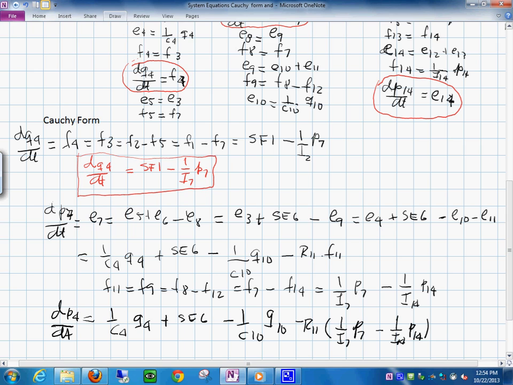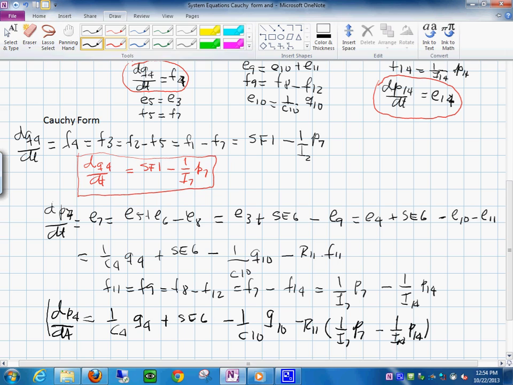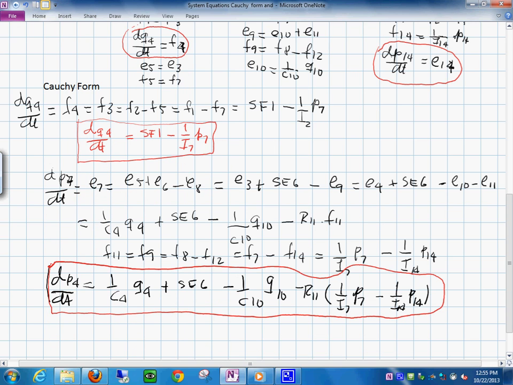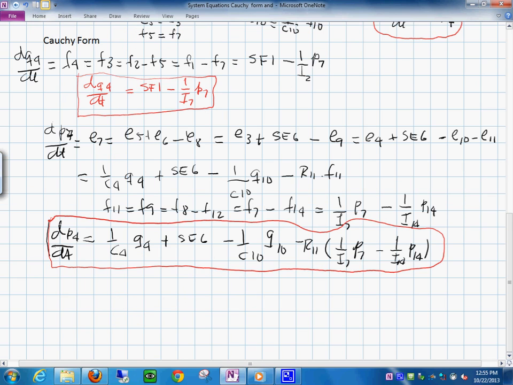So it's going to depend a lot on E9, which is E10 plus E11. And what is E sub 10 in this case? 1 over C sub 10 Q sub 10. Plus E11, and then plus, let's not forget the E13. What was the other one? Was E11.